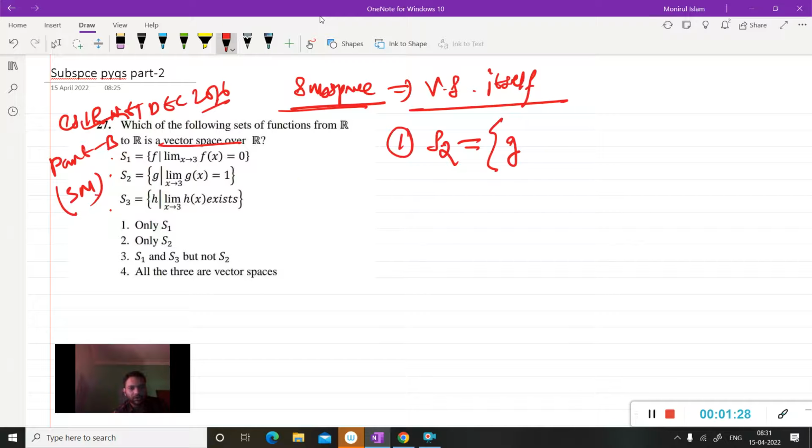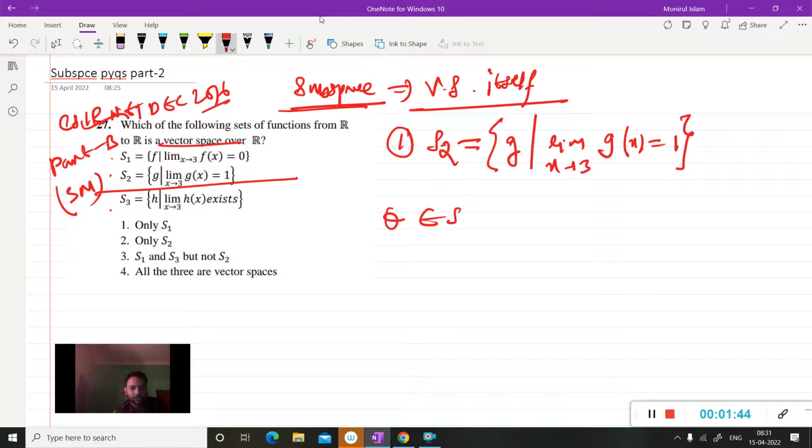What is S2? The set of those functions g such that the limit as x tends to 3 of g(x) is 1. In a previous video I told you that if it is a subspace, then the zero vector theta must belong to this set. So if S2 is a subspace, then the zero vector must belong to this set.